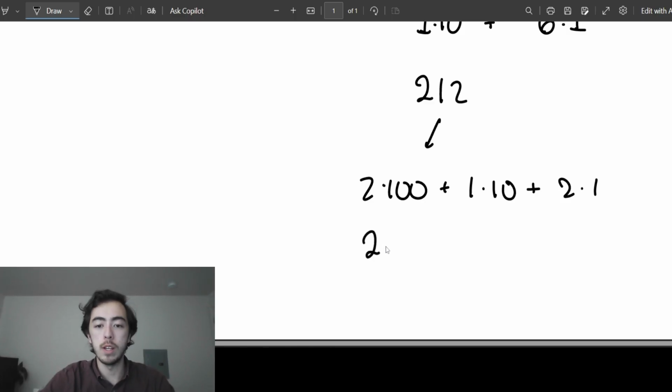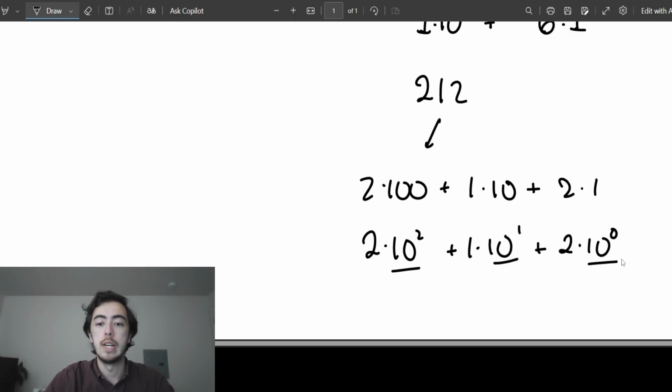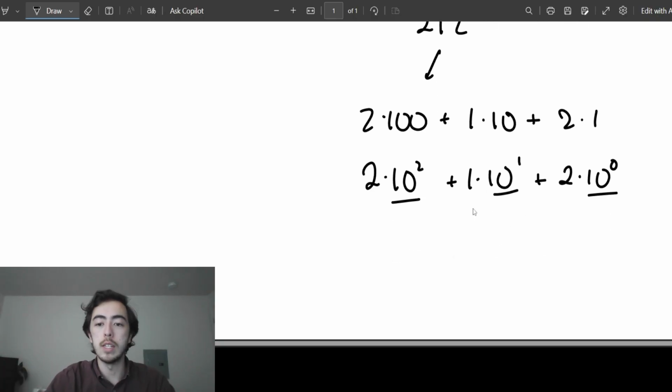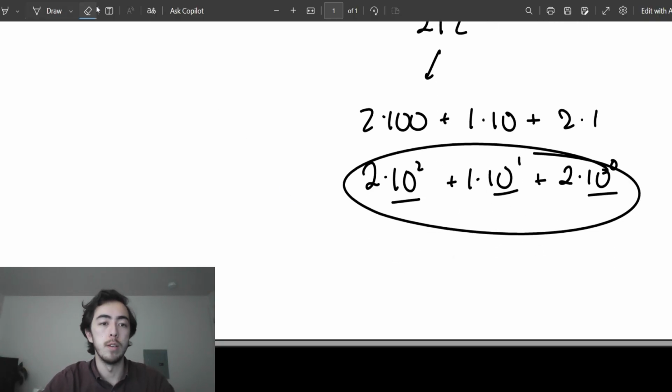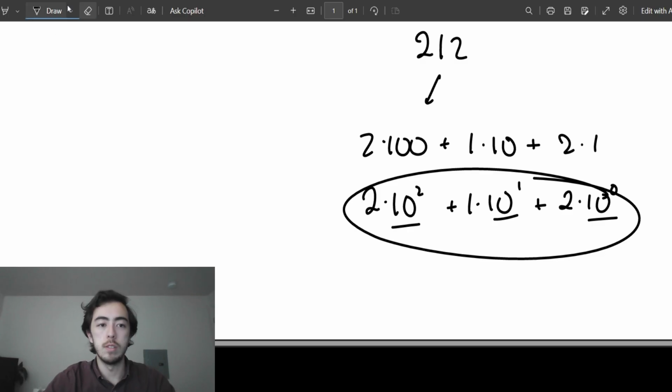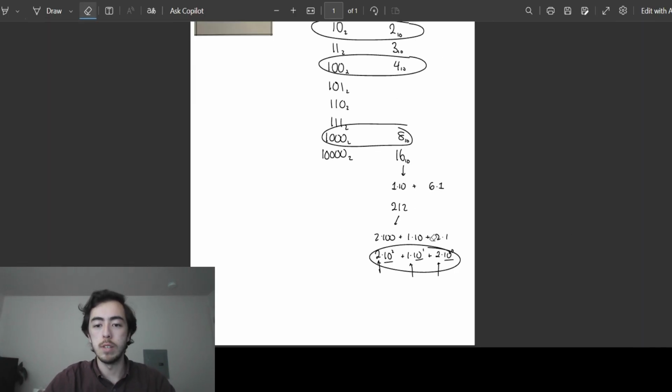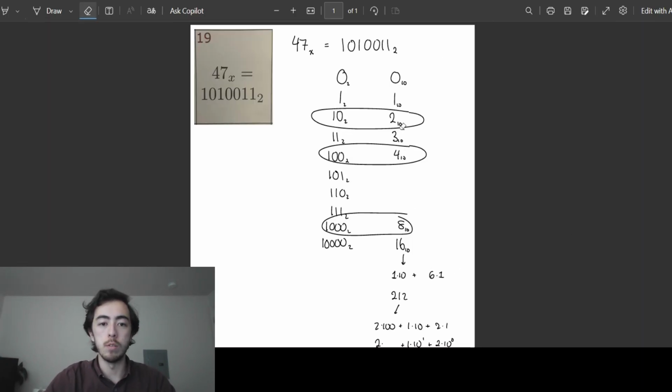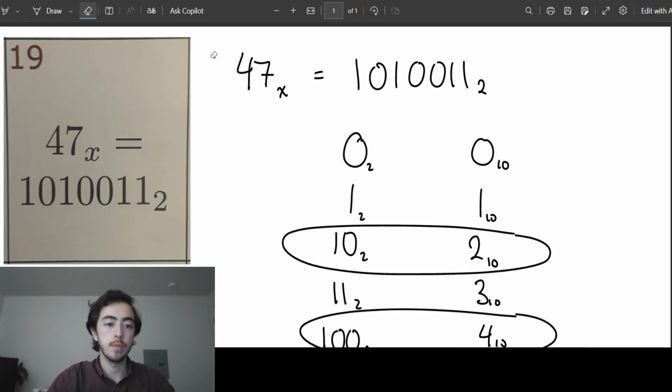And then we can even write it in this exponential form just to have the number 10 show up in more places. We could even do 2 times 10 to the power of 0. And this idea of adding up different powers of 10 with different coefficients at the front is going to be really important as we test out some values for x here.